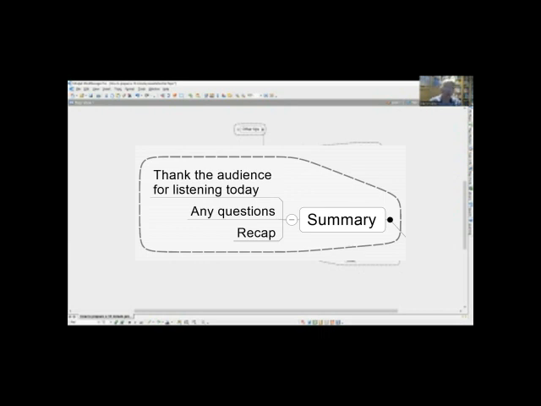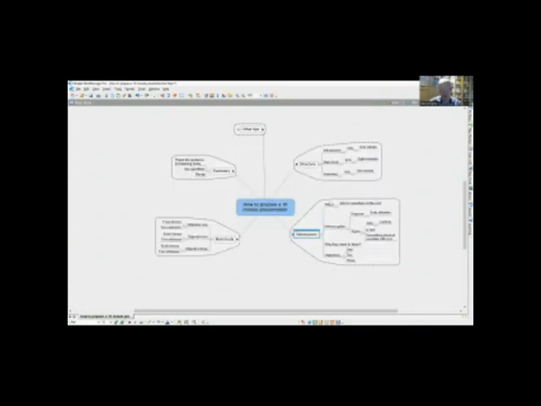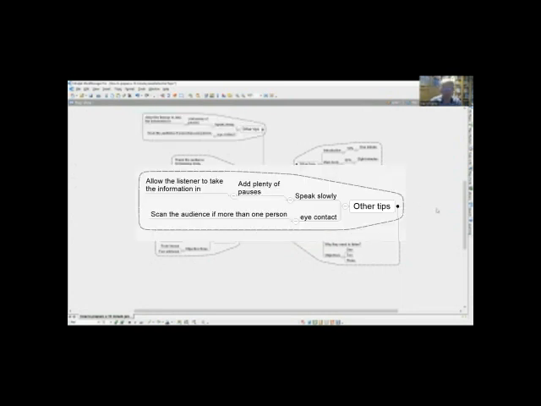There's one main area that I want to look at, which is not actually to do with the content of the presentation in the same way as the other parts of the mind map have been. I've got a couple of tips for you. The first tip is to speak slowly.